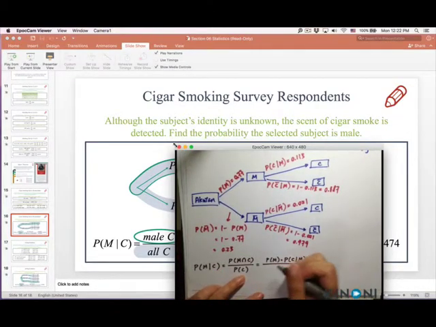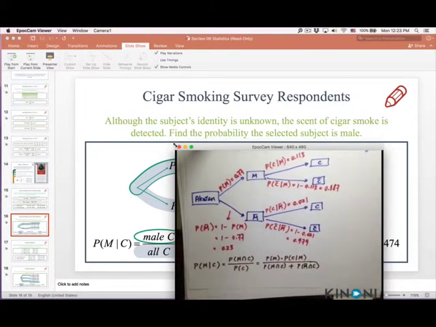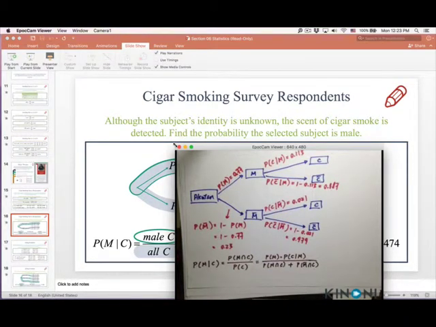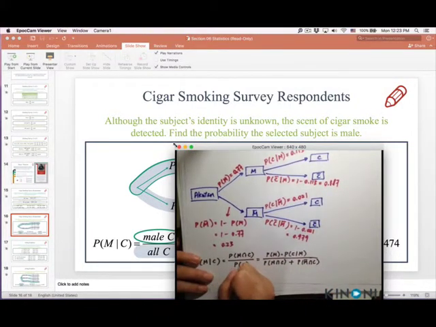So that's two possibilities here. It can be male and smoke, or, using addition, non-male and smoke. And for this one we're gonna apply the multiplication rule again.